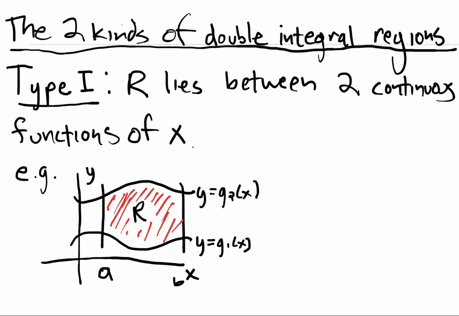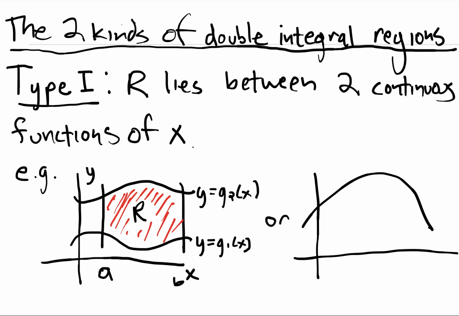Now, this isn't to say that we would expect to always have flat sides on our region. We could get a slightly different scenario. Let's say maybe I have something like this. Here, again, I've got this y equals g1 function and this y equals g2 function.